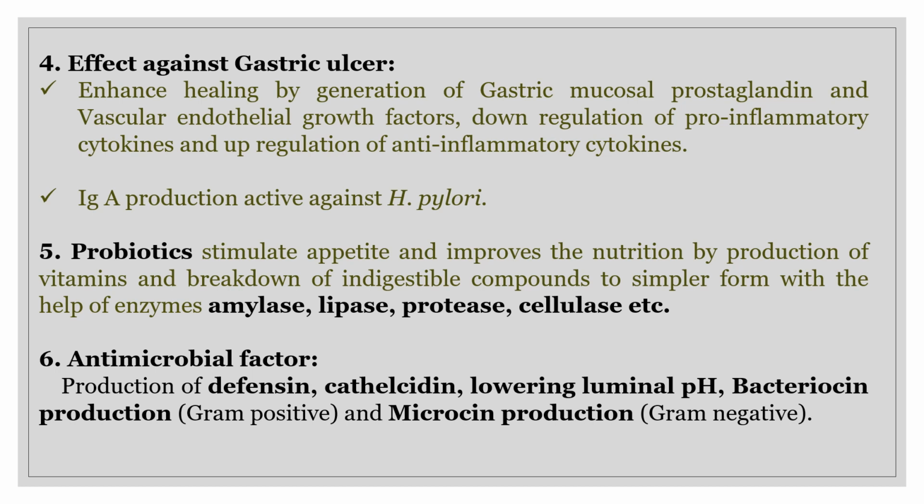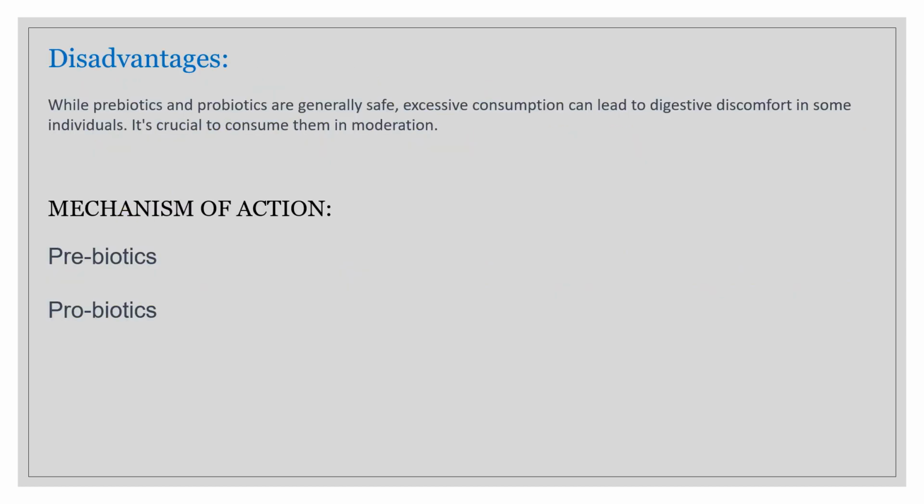This is known as postbiotics. So what are all the factors? The production of defensin and cathelicidin, lowering luminal pH, bacteriocin production, and microcin production. These are postbiotics.